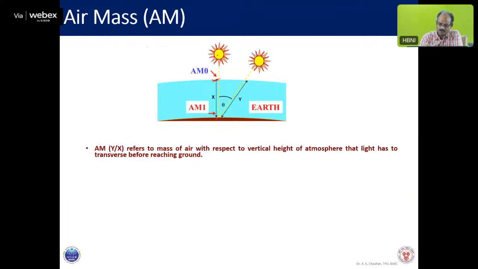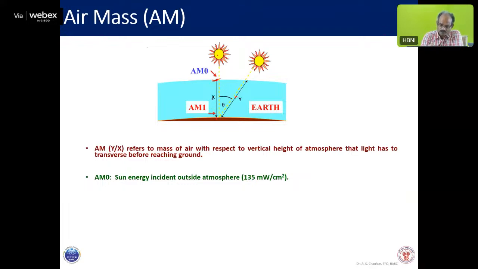So this y divided by x is called the air mass. Now, what is AM0? AM0 means this is exactly the same as when the sun is at zenith. In that case, both are the same.